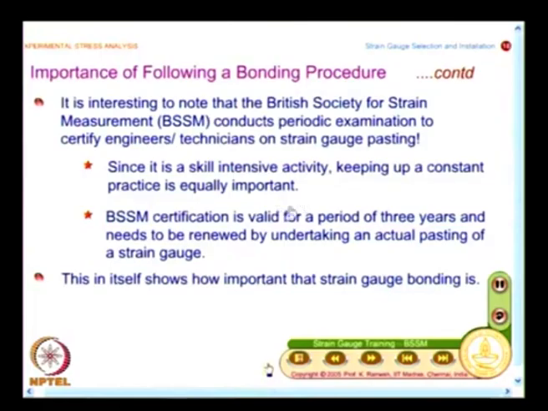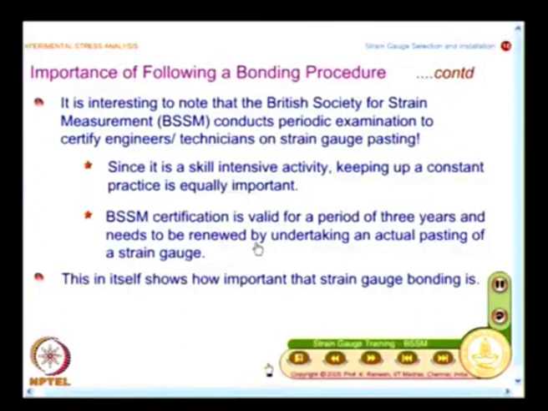I have noticed that BSSM certification is valid for a period of 3 years and needs to be renewed by undertaking an actual pasting of a strain gauge. So, you need to renew it every 3 years. The examination automatically tests your skill.